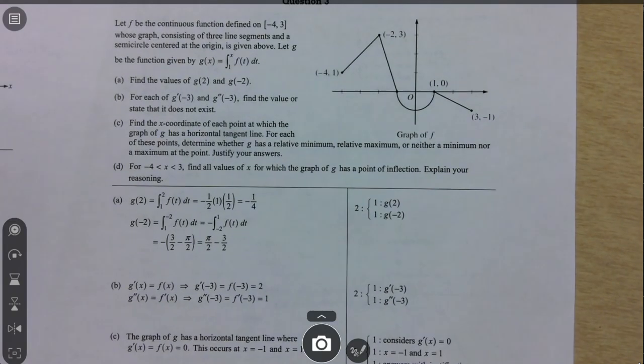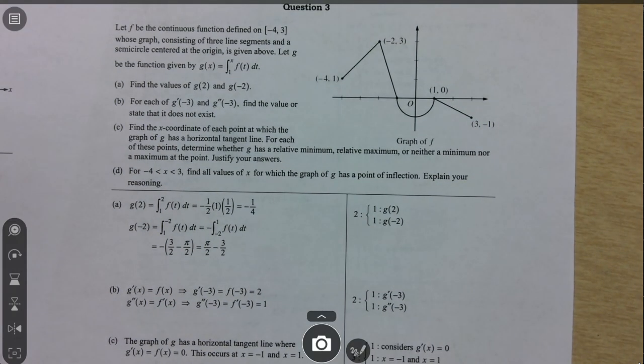This is a very funky graph. Let f be a continuous function defined from -4 to 3, whose graph contains 3 line segments and a semicircle centered at the origin. It is given below, and g of x equals the integral from x to 1 of this function.